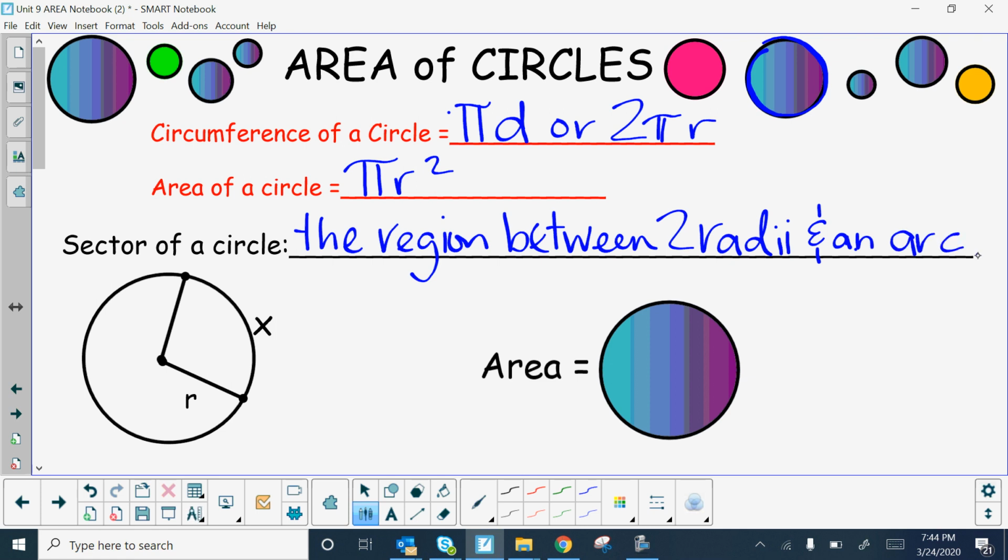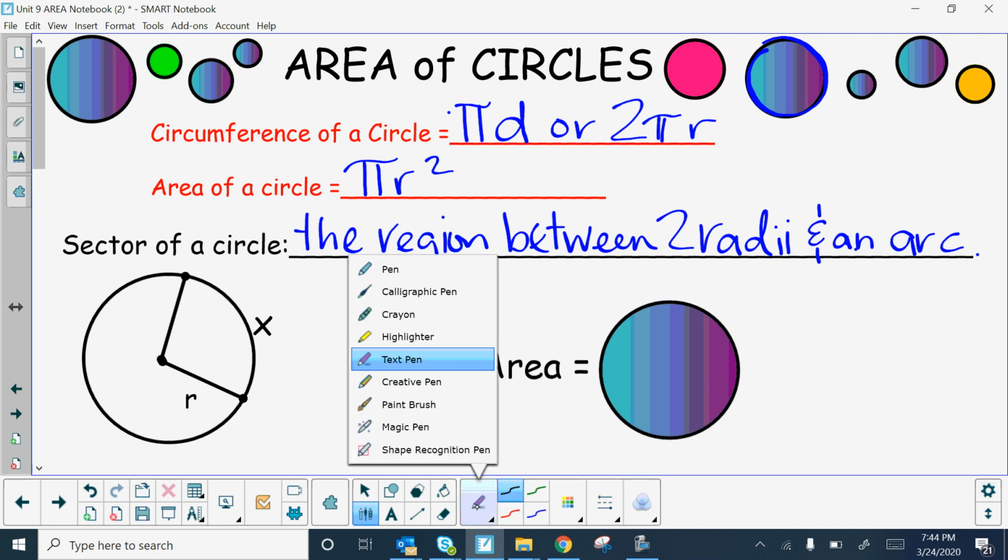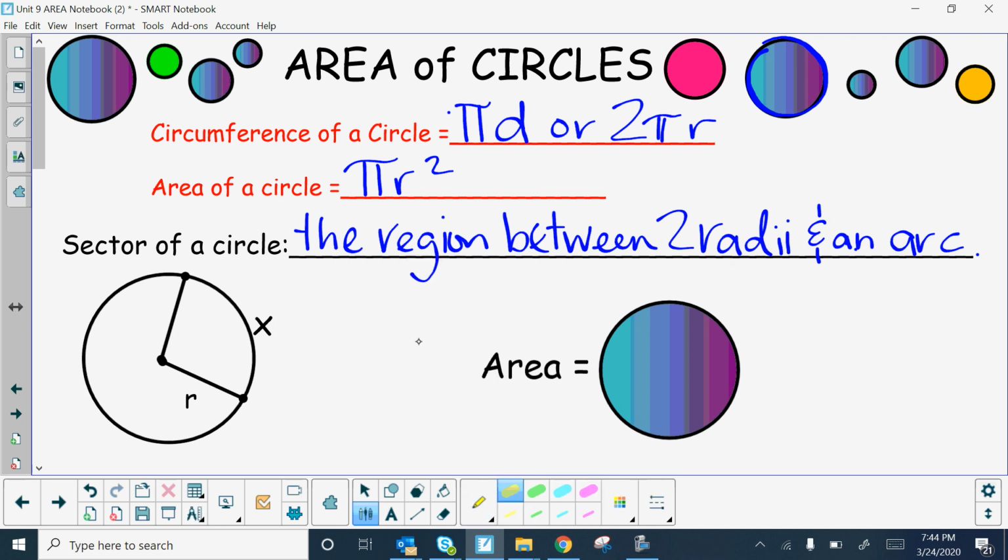We'll draw that in the picture right here. So here's one radius, here's the other radius, and here's the arc. All we have to do is shade that in, and that is the region that we're going to find the area of, that part right there.